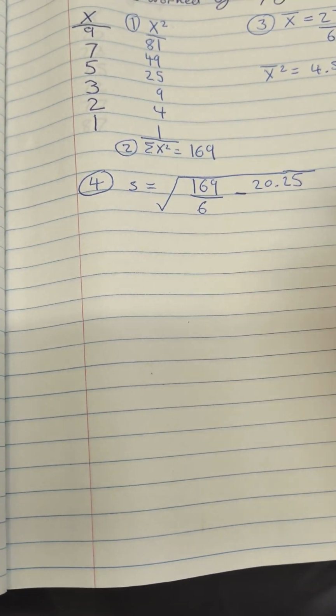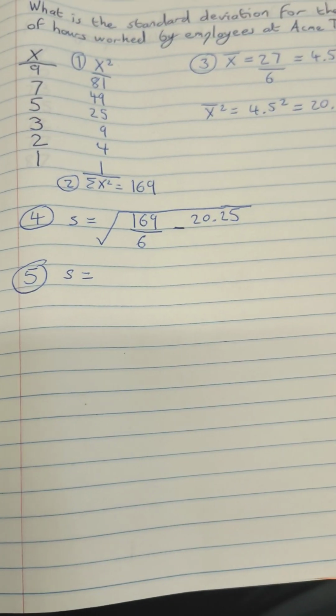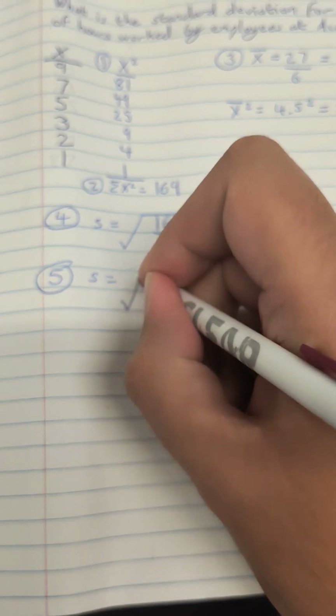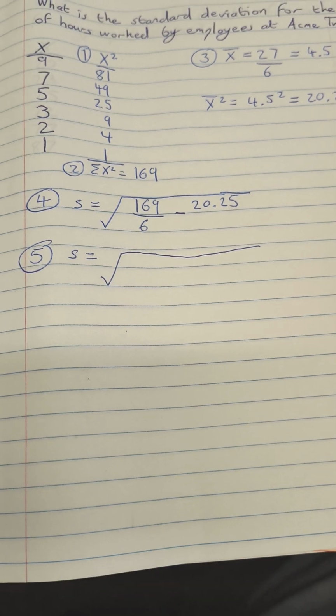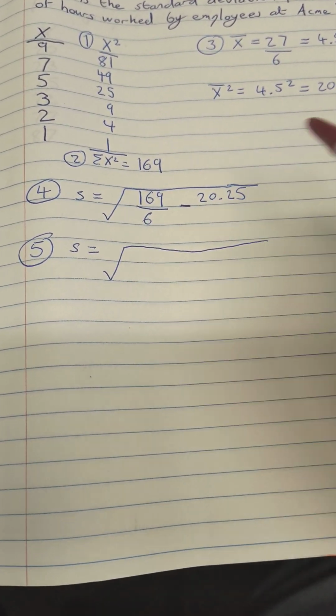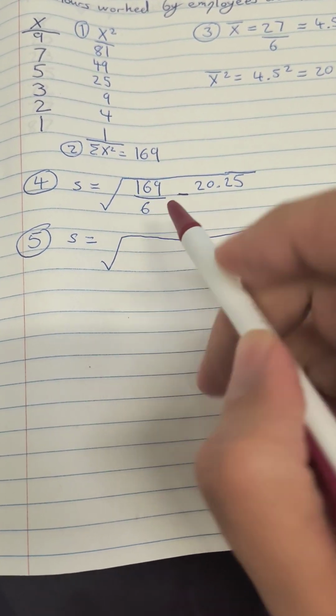20.25. Now, in our next step, let's remember our order of procedures. My Dear Aunt Sally, we're going to multiply, divide, add, and subtract first. So let's divide 169 divided by 6.